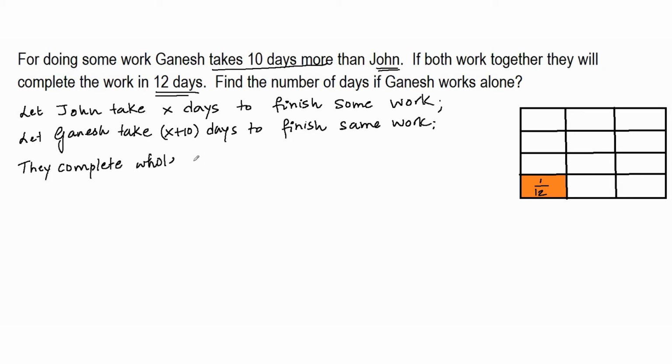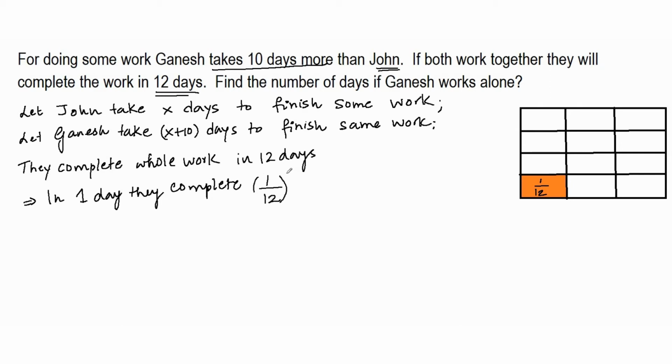They complete the whole work in 12 days, and that implies in one day they will complete 1/12 of the work, right? And I know that John takes x days to finish some work.